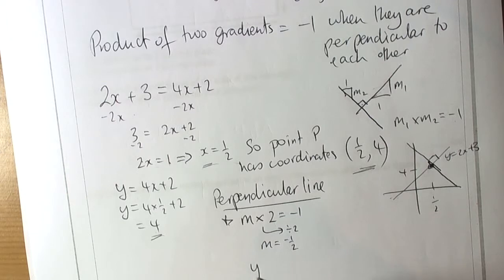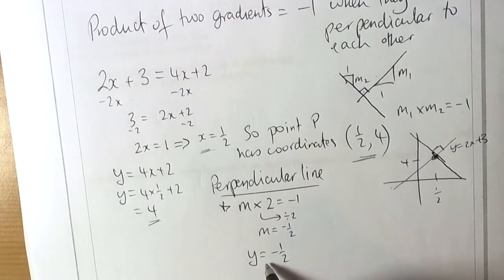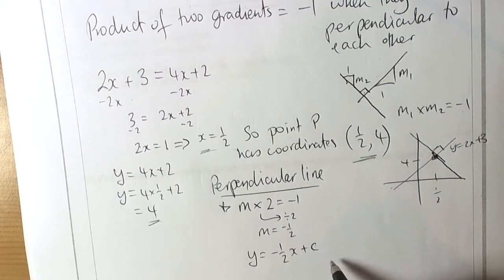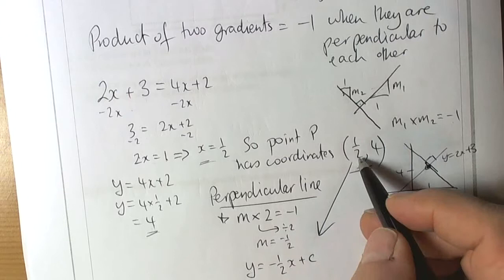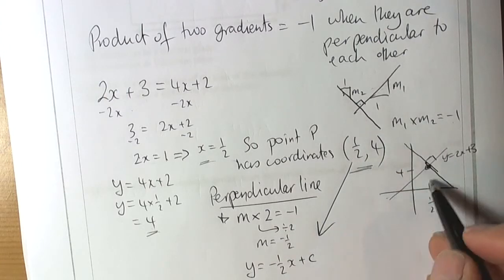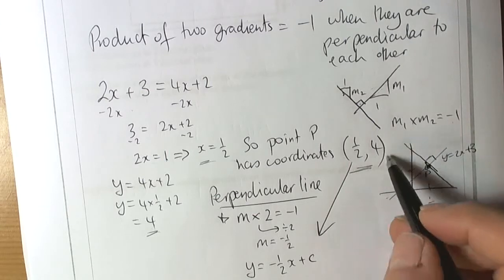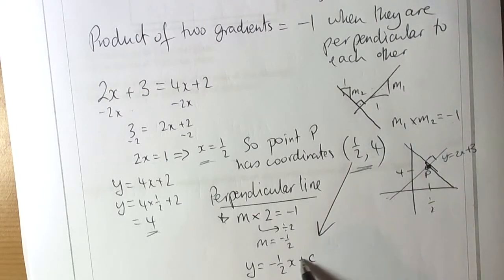Because it's a straight line, we then know from y equals mx plus c that y equals -1/2 x plus some value. Well, we can use the coordinate here, because we know that's the coordinate of P. We can use this coordinate to find out the c value.